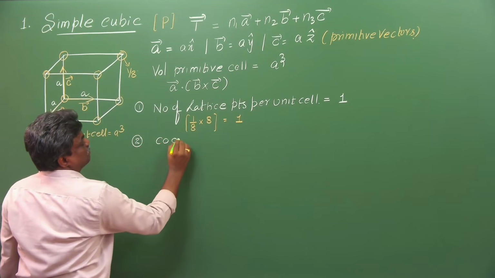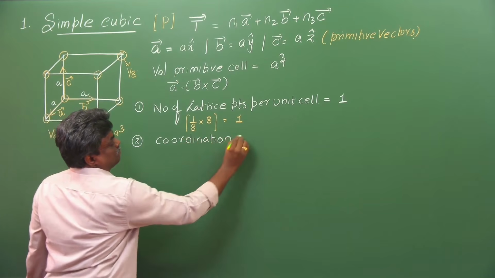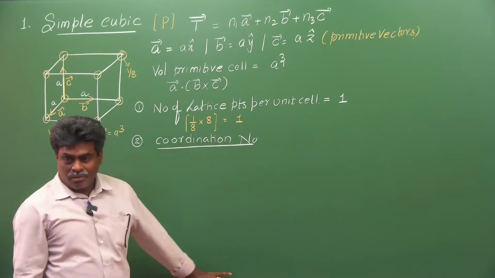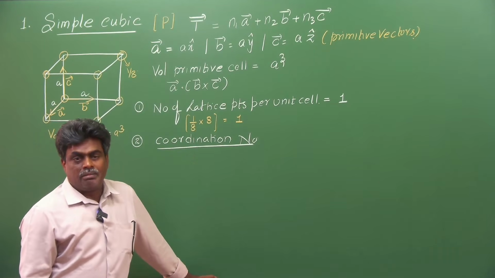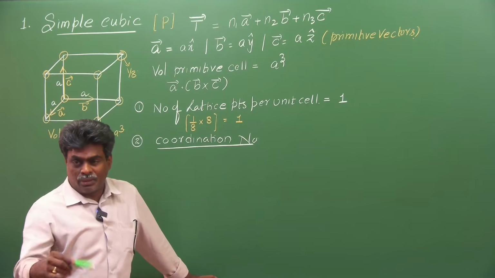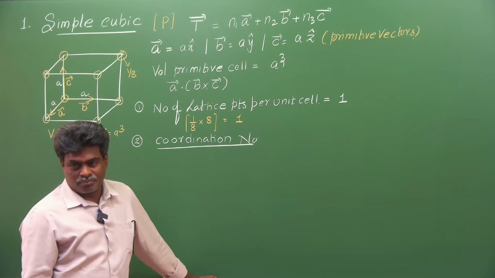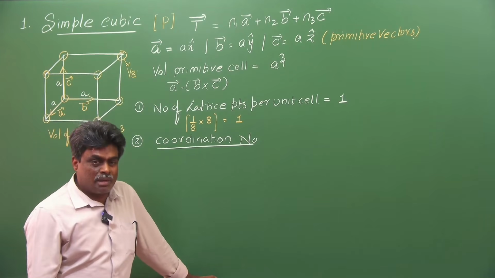Next, second one, coordination number. What is meant by coordination number? For example, if you consider that student, at a time with how many students she can coordinate? 4. So her coordination number is 4.